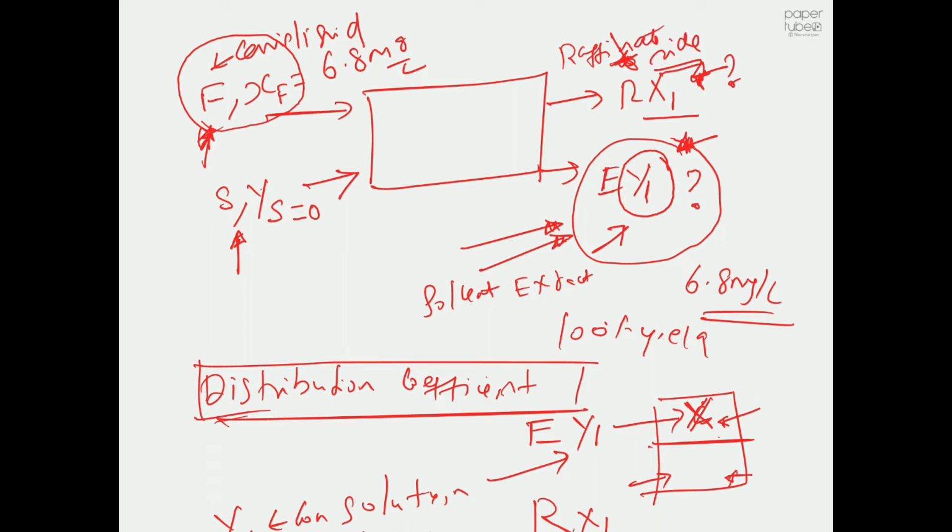So after extraction, if your carrier liquid and your solvent are completely immiscible, which means all the carrier liquid which you have in the feed should be in R. So F will be equal to R. This is some hidden information that we get based on the assumption. So F will be automatically equal to R, and why is that?